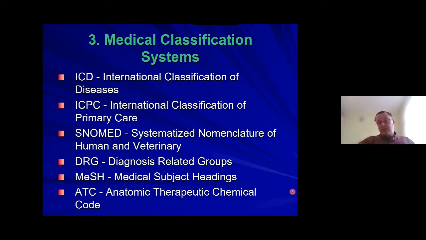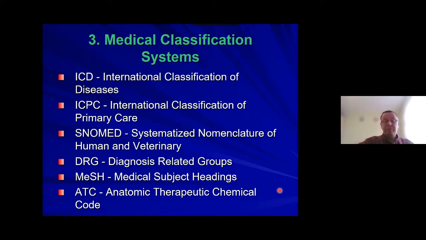As we now move closer to the end of the lecture, again an overview of the most common medical classification systems. Like half of them, I have already mentioned. Practically, you will meet and deal with these things mostly in clinical subjects.